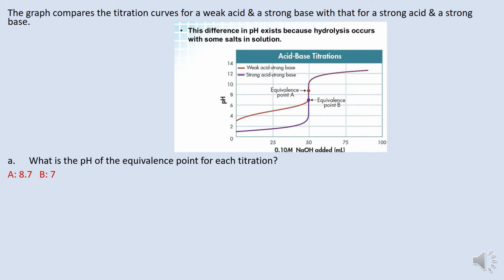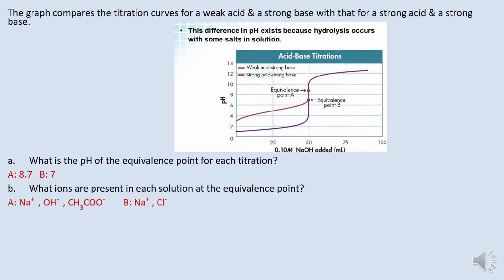Now, the second question. What ions are present in each solution at the equivalence point? With respect to A, they are Na+, OH-, CH3COO-. Now, with respect to B, the ions are Na+ and Cl-.